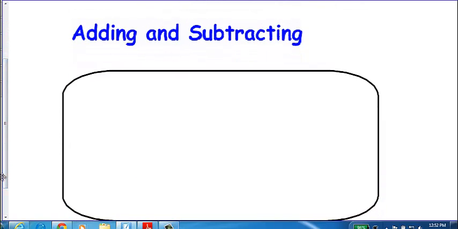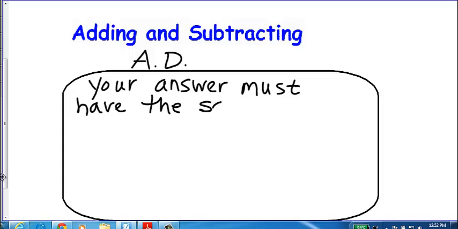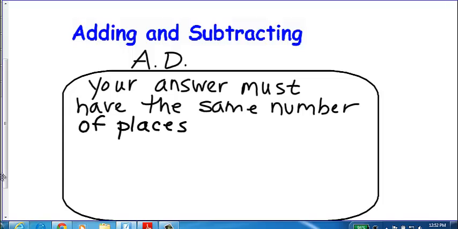The rule when you add or subtract, which I call the AD rule, is your answer must have the same number of places after the decimal.